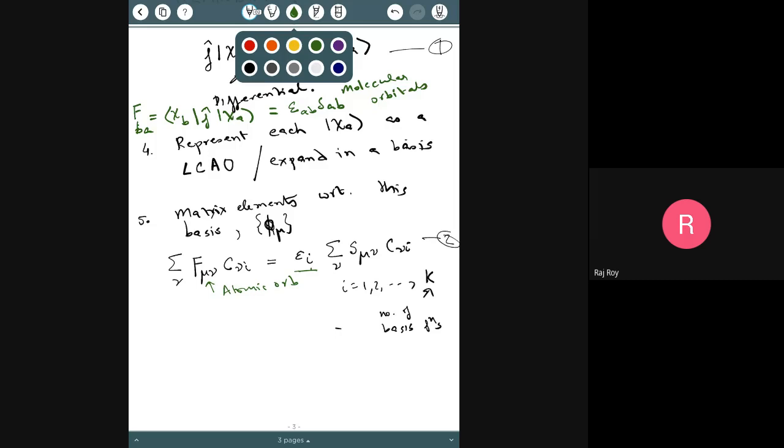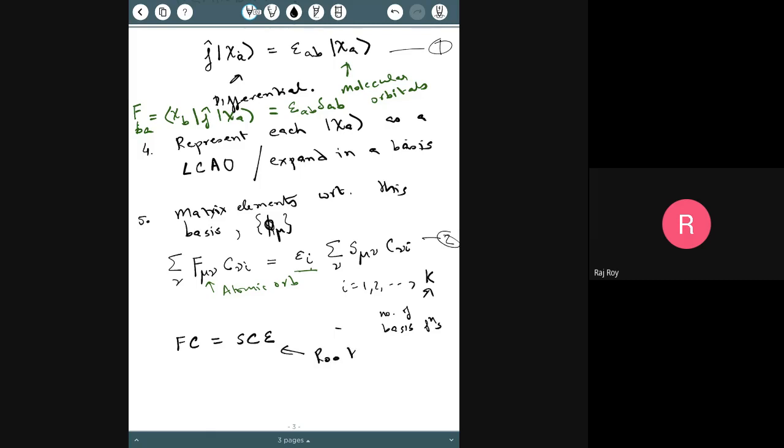So this was the equation that we obtained, and in shorthand notation this was FC equals SCE, which is called the Roothaan equation. But we still do not know how to solve it.